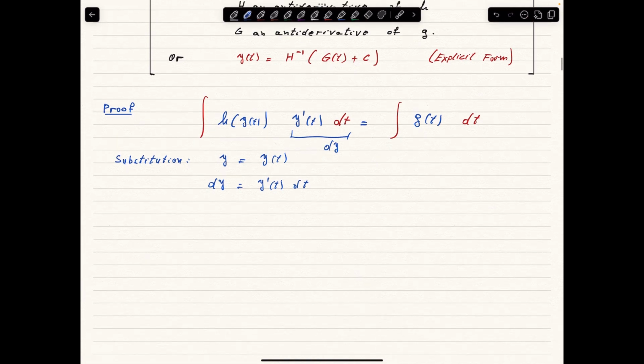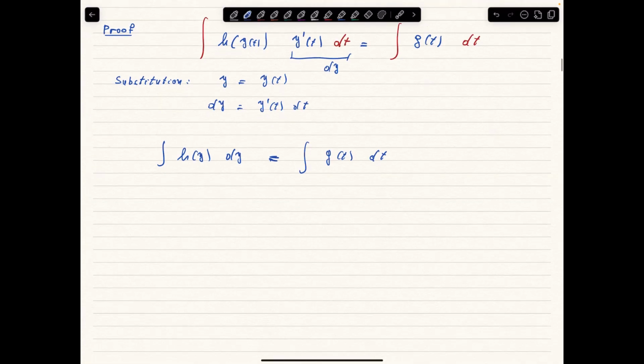So then the only thing we need to do is to integrate the function h in the variable y, and on the other side a normal integral of the function g of t in the variable t. So we call this function big H of y plus some constant. This function here, we call it big G of t plus some other constant.